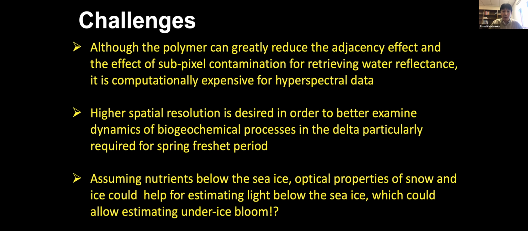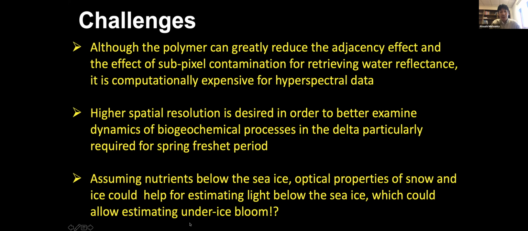So we need to think about how we can apply it for the upcoming hyperspectral data, for example, for PACE, GLIMR, and SBG. And higher spatial resolution, of course, is desired to examine the dynamics of the coastal processes. This is also important to reduce the subpixel contamination issue.